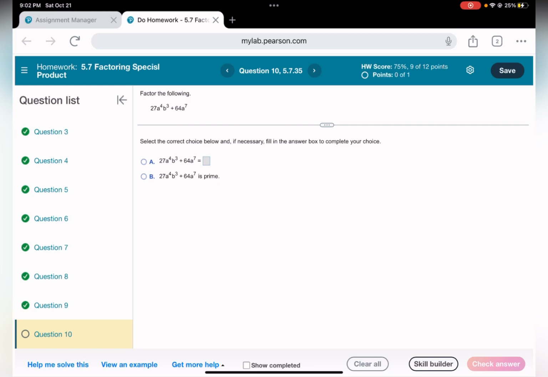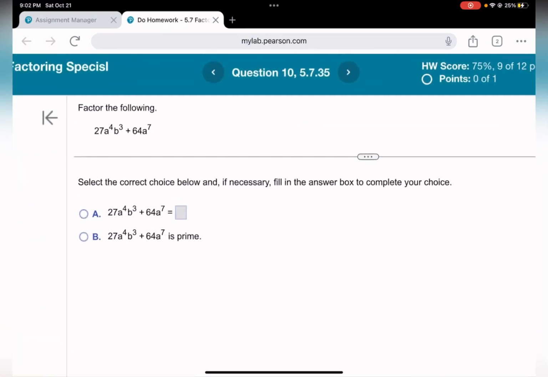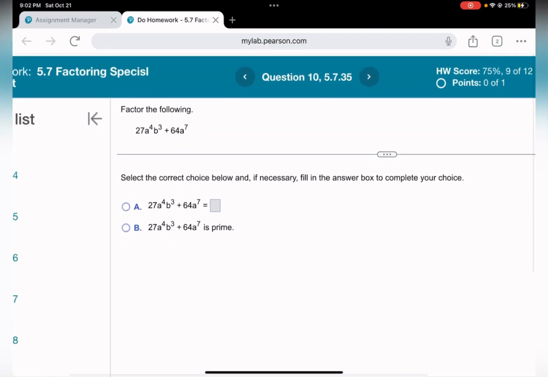Number 10. What is this? Number 10. 27 a to 4 b cubed plus 64 a to 7. All right.